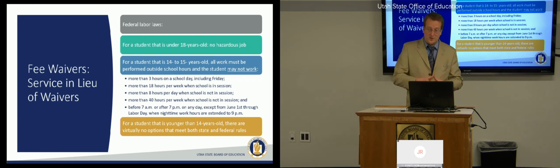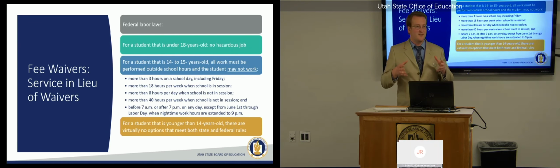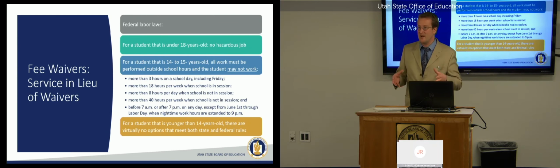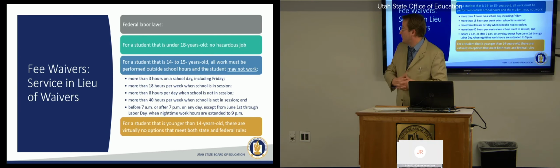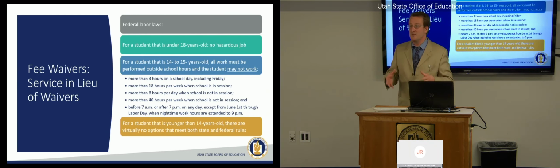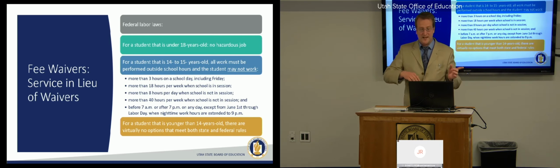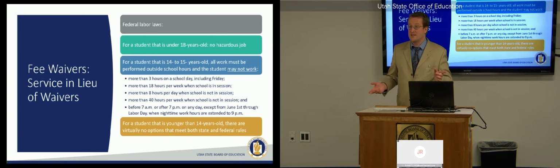For the older students, the 14 and 15-year-olds, there are some time constraints for what service they might provide. I will leave it to you to see those. We'll be posting these slides, so you don't need to memorize these right now. But the general idea is if you're going to be providing service opportunities for 14 and 15-year-olds, there are time constraints, and for any students, no hazardous work.